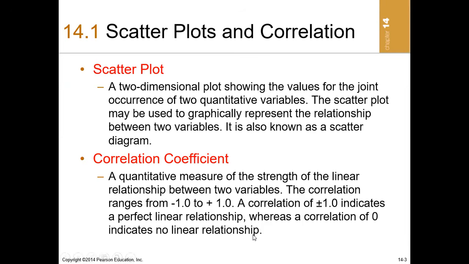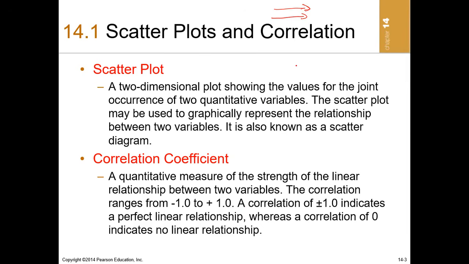This simply means that correlation has nothing to do with causation. The fact that two things are related does not mean that one causes the other. If two sets of quantitative variables have a positive relationship, it means that they move in the same direction.